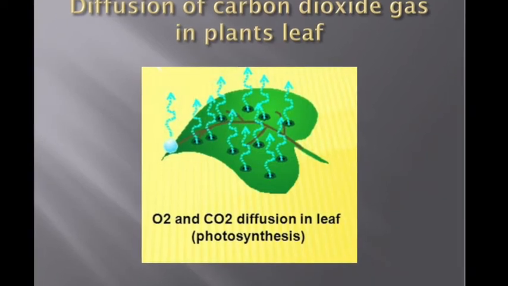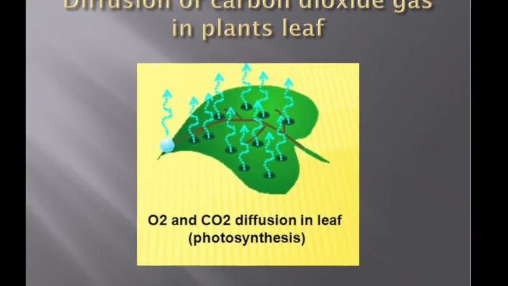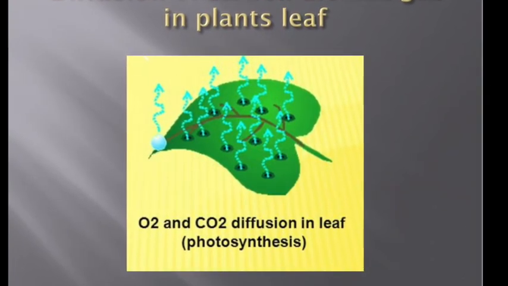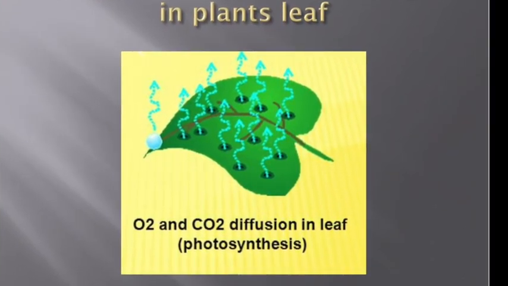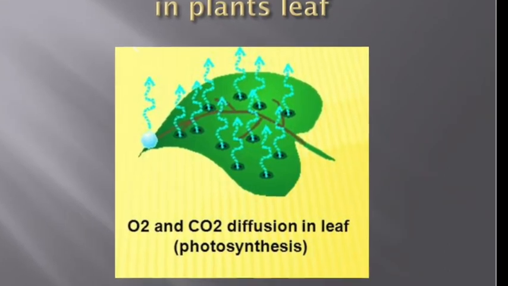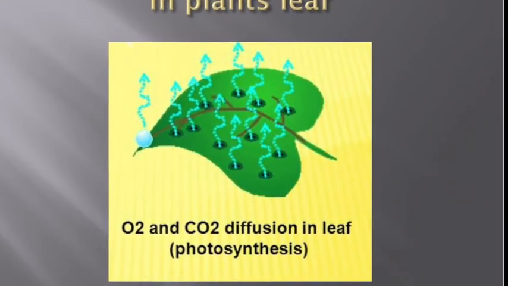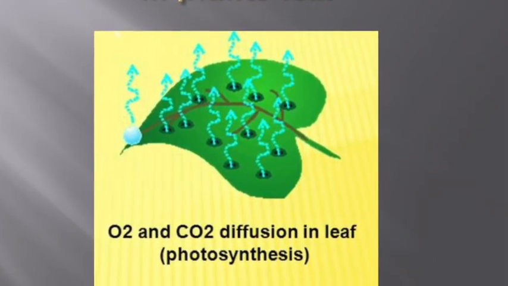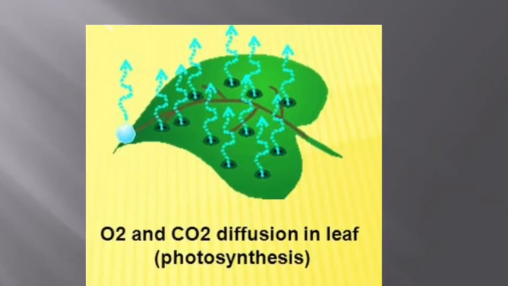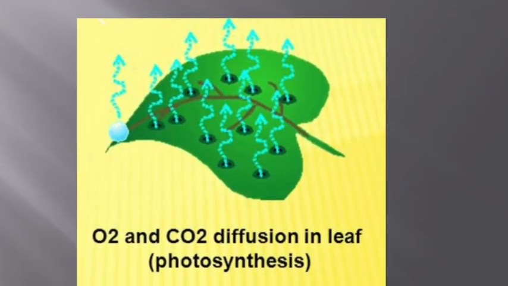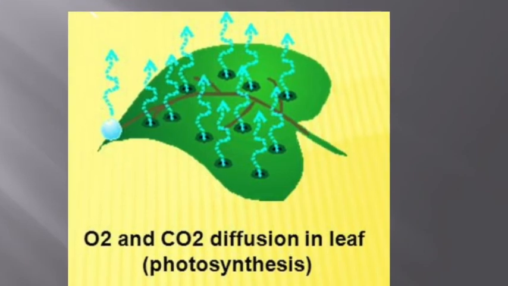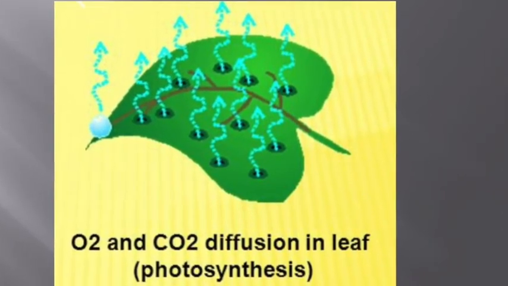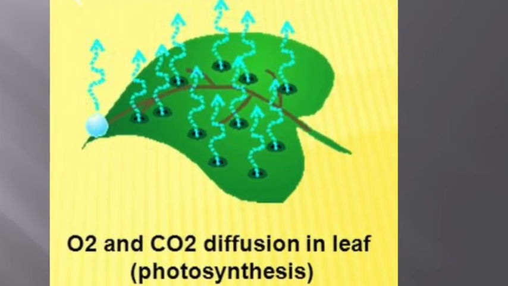You can see from the diagram that carbon dioxide gas and oxygen gas diffuse in and out during the process of diffusion. The pores you see on the leaf are referred to as the stomata. They are the openings through which gases leave or enter the leaf.